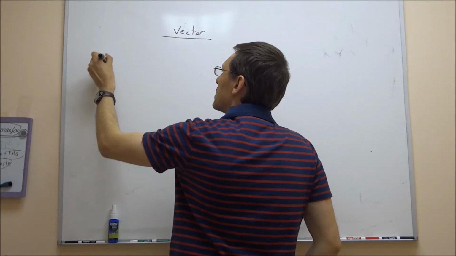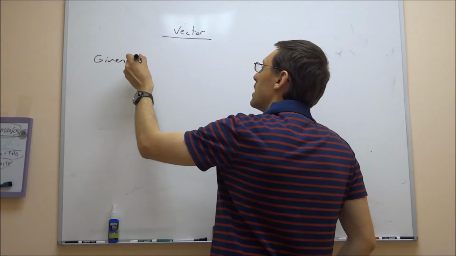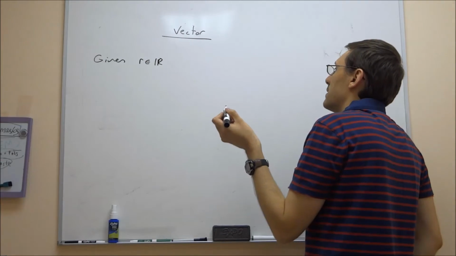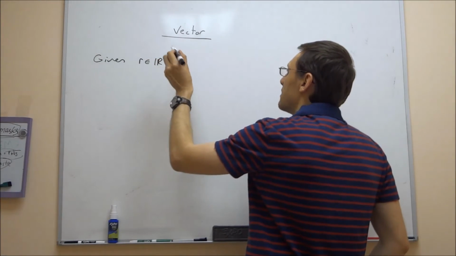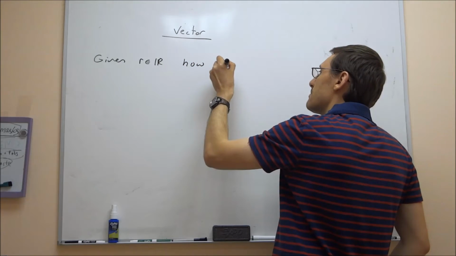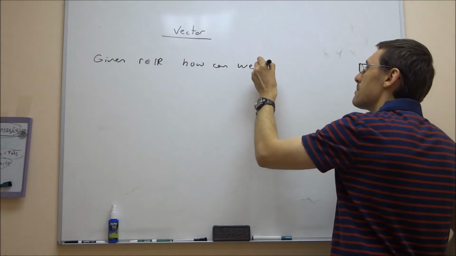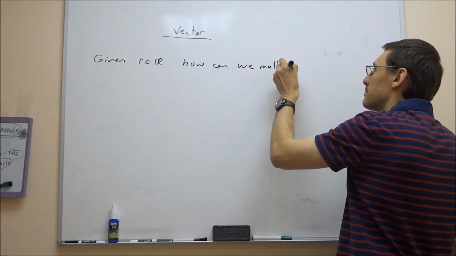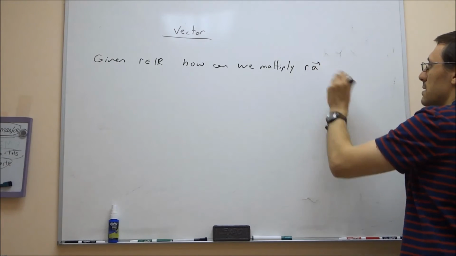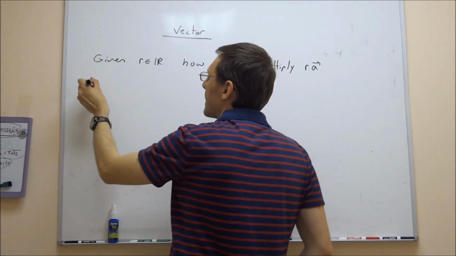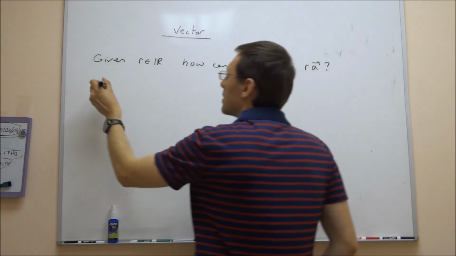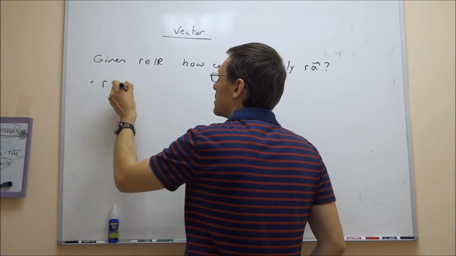So given a real number r, so just a number r like 1/2, 3, 5, pi or something like that, how can we multiply a scalar times a vector? So first of all, r is called a scalar.